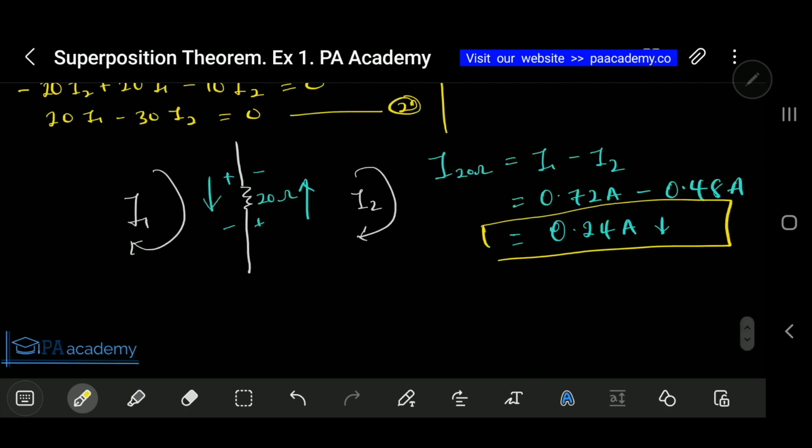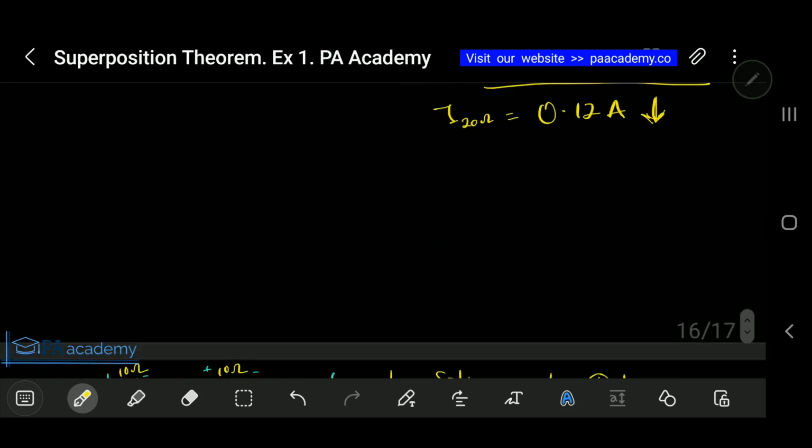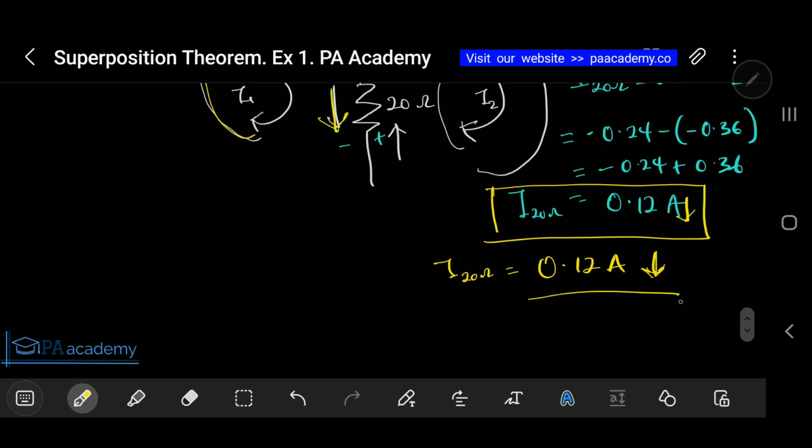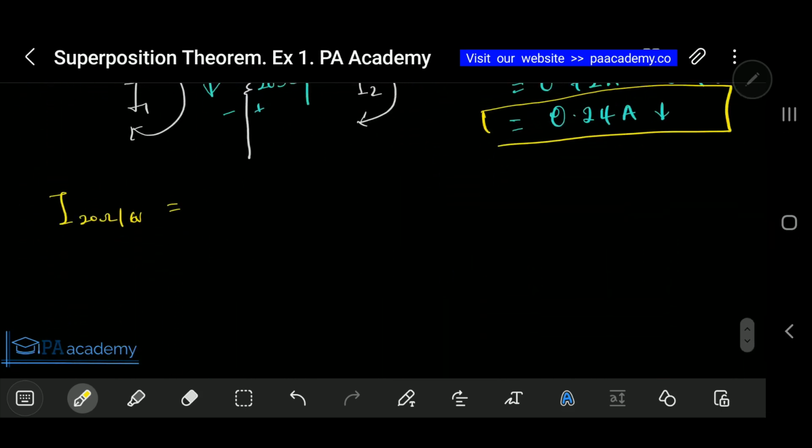Now let me write this here. The current flowing through the 20 ohm resistor due to the 6 volt source, let me scroll back, we've gotten to be 0.12 amperes in the downward direction.